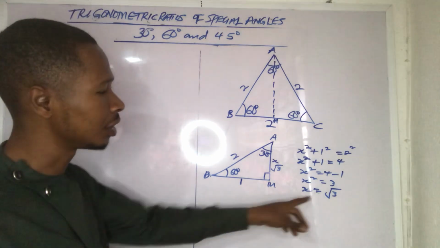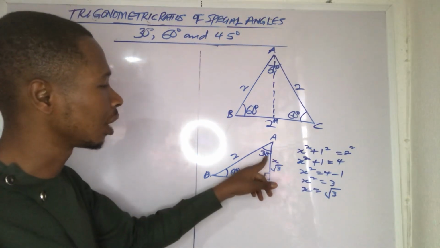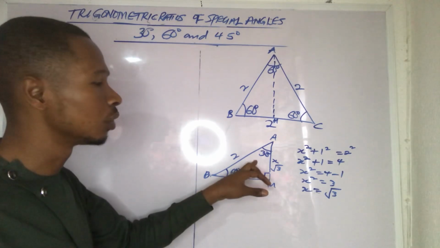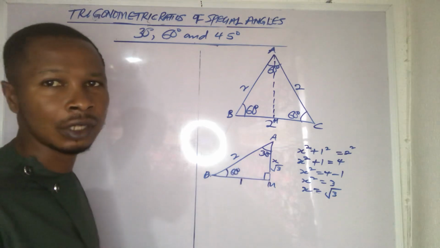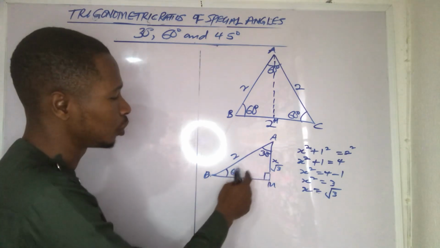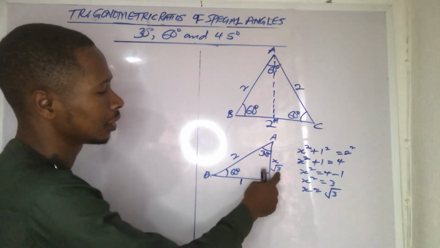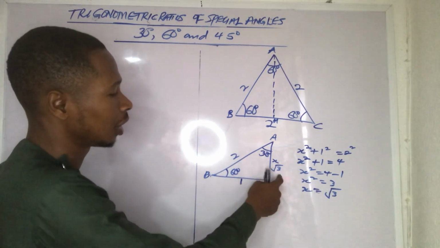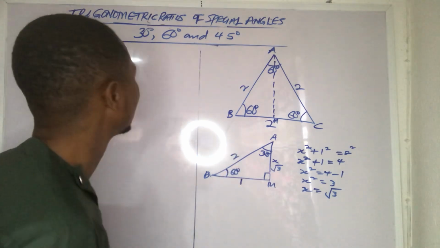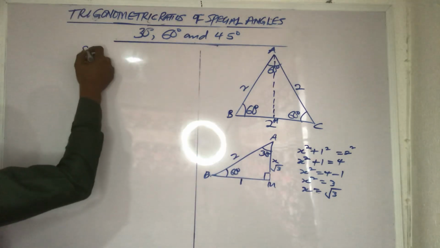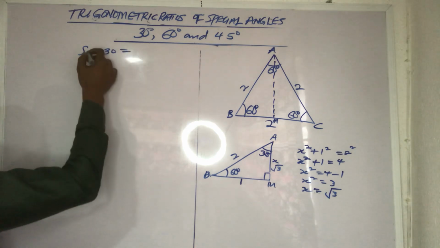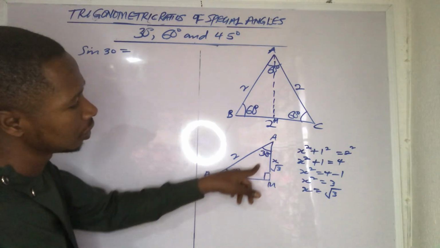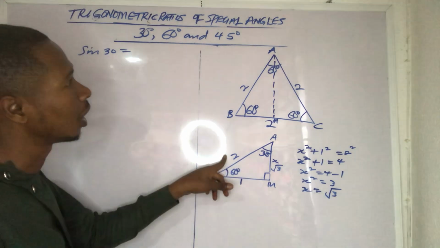Now, since this side is root 3, I can find sine 30, cos 30, and tan 30 using this triangle. If I want to get my sine 30, going by this 30 degree angle, this is opposite, adjacent, hypotenuse.